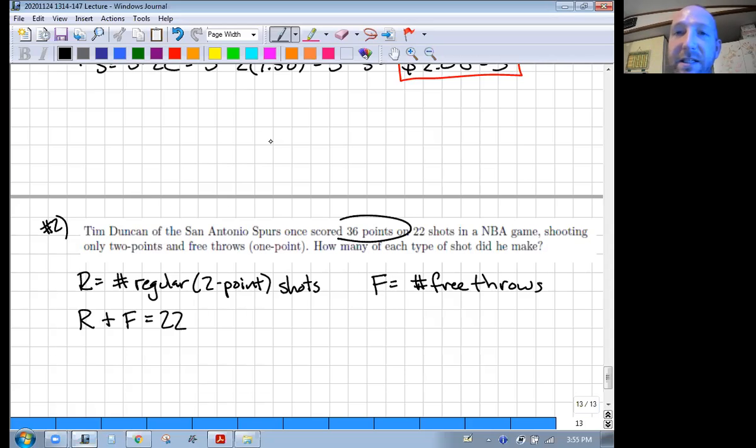Now this 36 points thing: the regular shots are worth 2 points apiece, and the free throws are only 1 point. So we could put a 1 here, but there's no need to. So 2 times the regular shots plus the number of free throws he made should be 36. So there's our two equations.